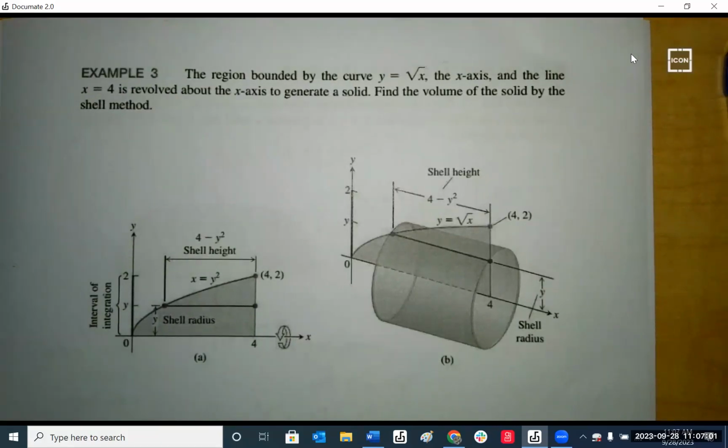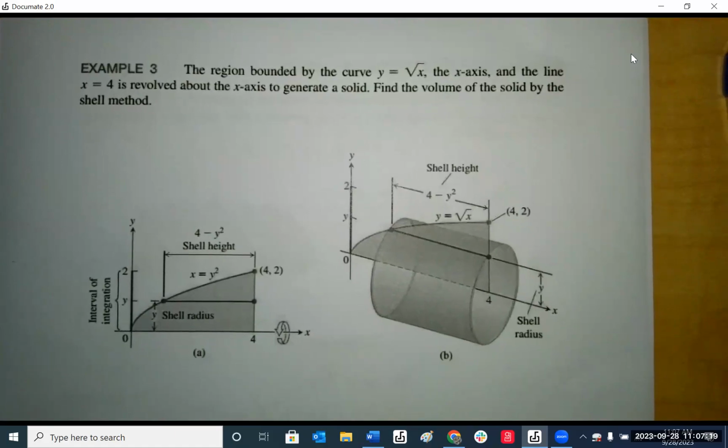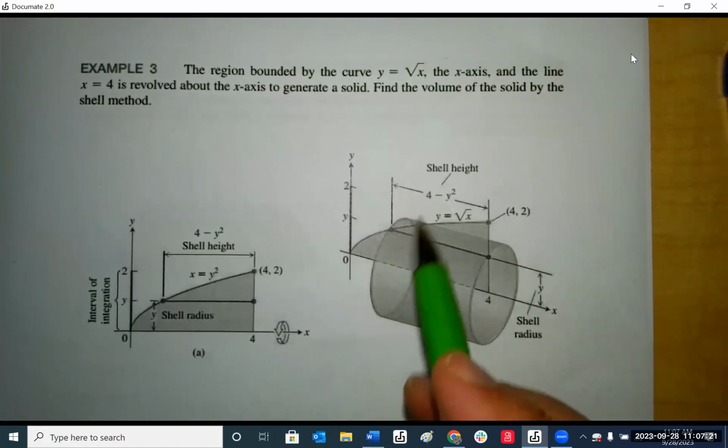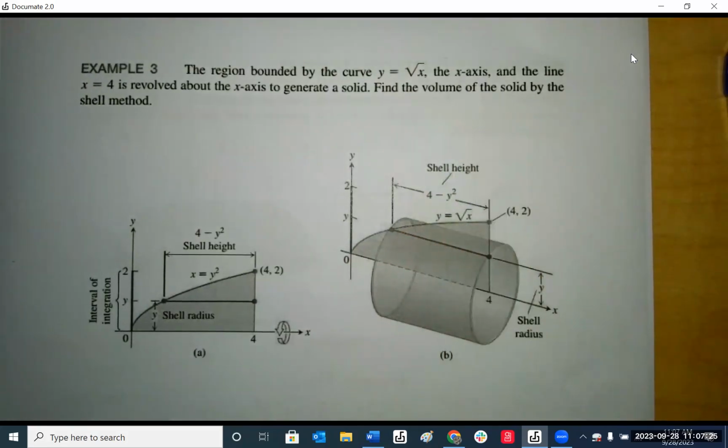The region bounded by the curve y equals radical x, the x-axis, and the line x equals 4 is revolved around the x-axis this time, not the y-axis. Now we have a cylinder, a bullet-shaped thing. Find the volume of the solid by the shell method.